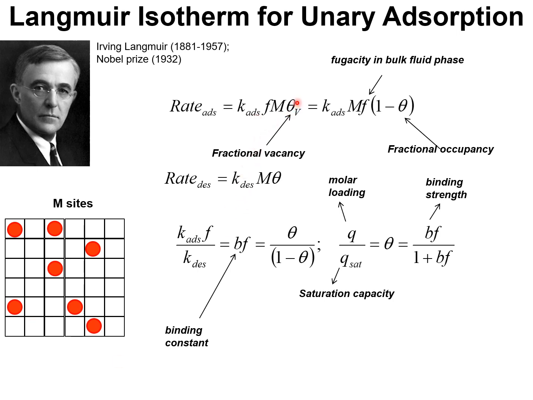The fractional vacancy may be written as 1 minus theta, where theta is the fractional occupancy. The occupied sites are indicated by these red circles here. The vacant sites are available for adsorption.